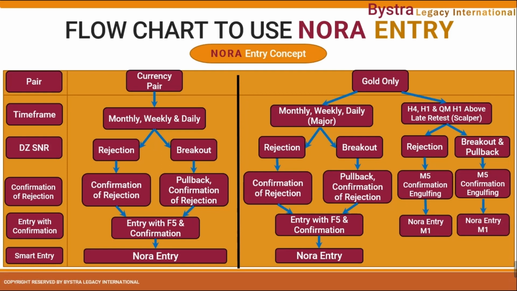Now guys, you'll be much surprised how easy it is to trade on the M1 time frame using the Nora entry, because the risk has become so small and the reward is so big that with the confirmation and the entry system, it is going to be very fun to trade, especially during the Asian session, and also when gold is in sideways movements.